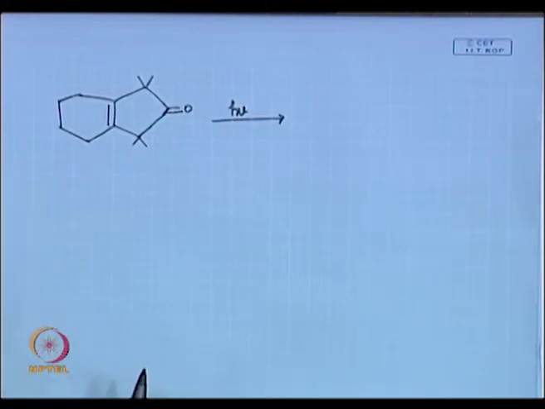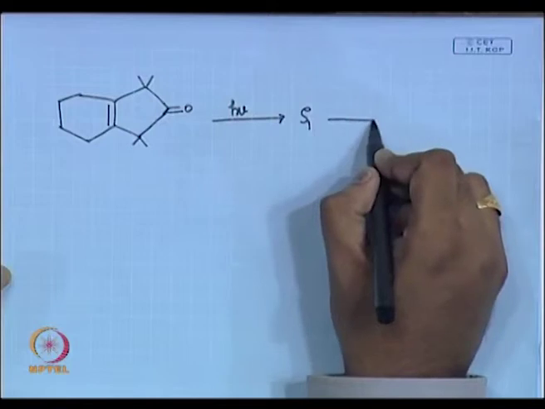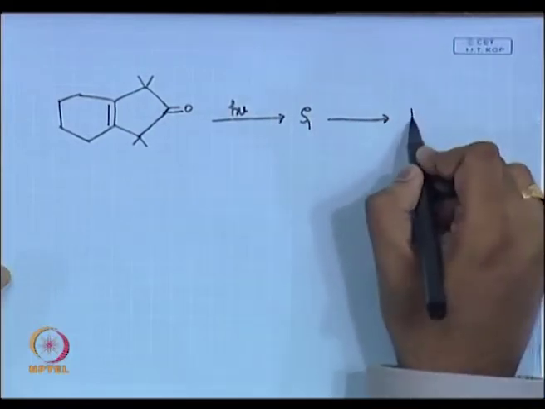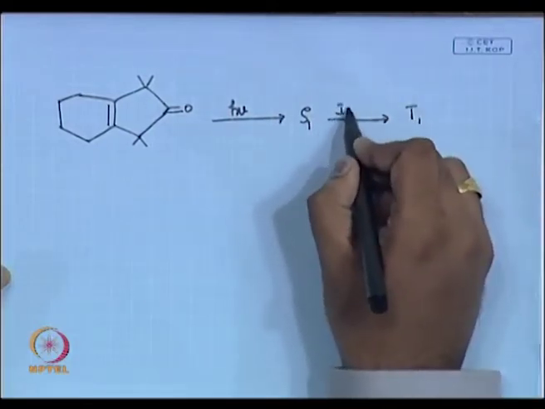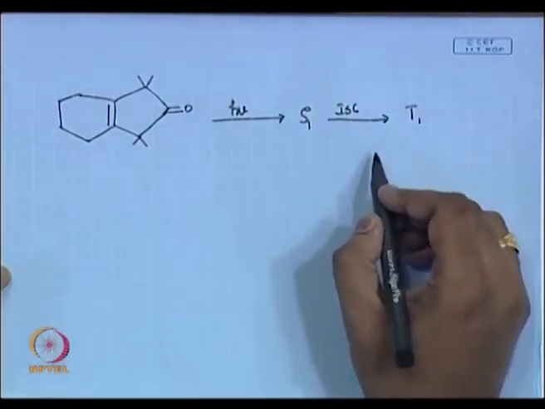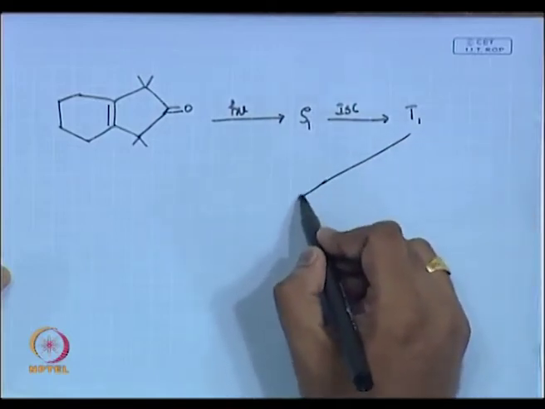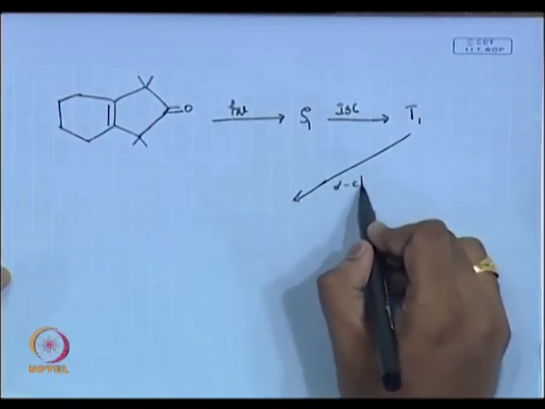Now we have a cyclopentanone system, fine. What the cyclopentanone system does, once I photolyze it, it goes to S1. Then you have to write that it goes to triplet, it undergoes an inter-system crossing. So for cyclopentanone, I carry my chemistry all from the singlet. This then undergoes your alpha cleavage.